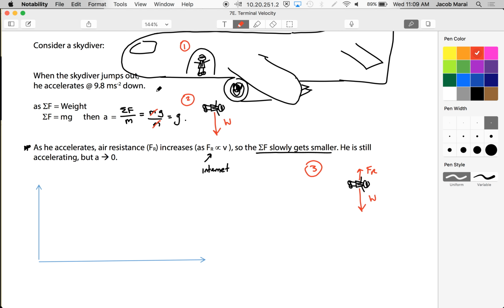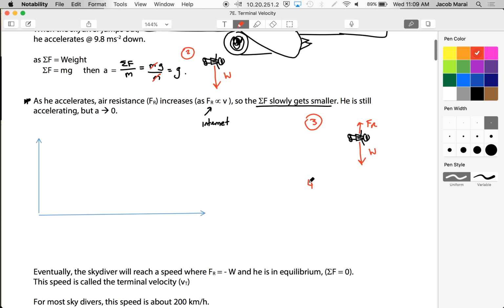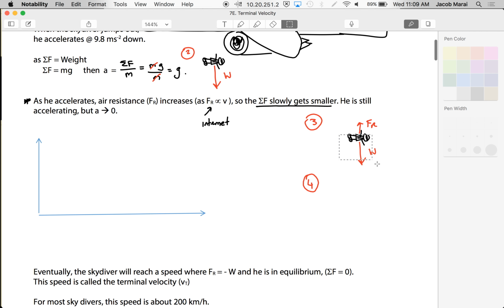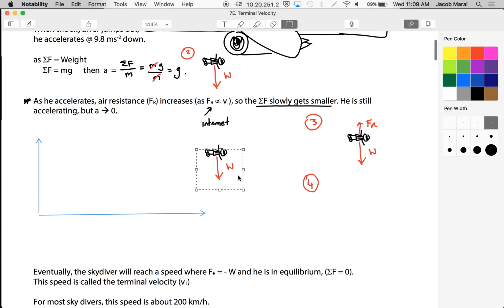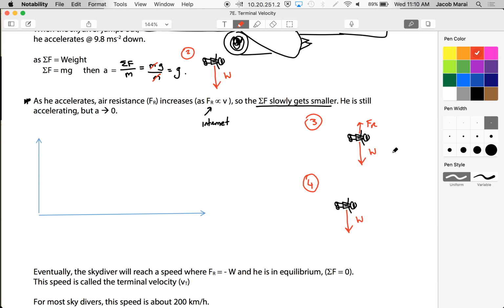Eventually, he reaches a speed, or in fact a velocity, where the upwards force balances the weight force. And again, he is thrust into equilibrium at a certain velocity. We call that the terminal velocity.